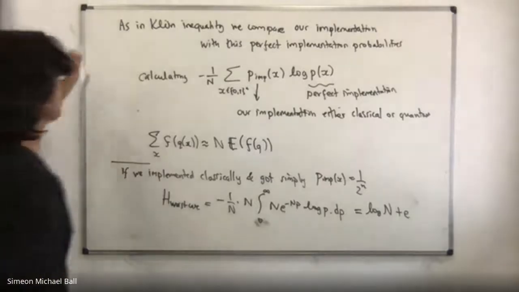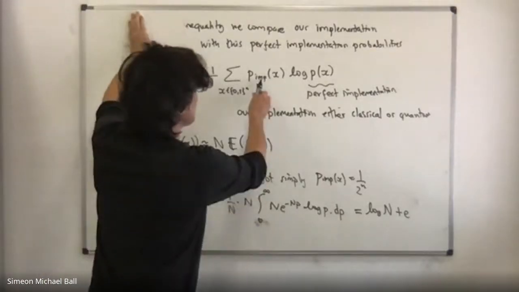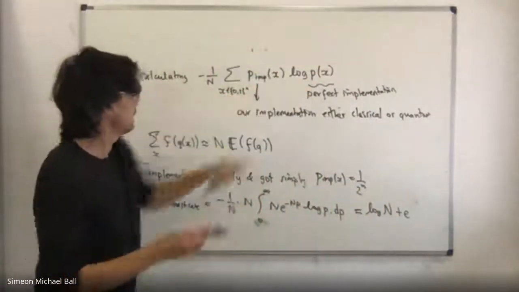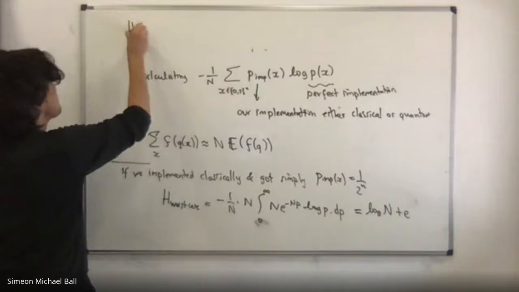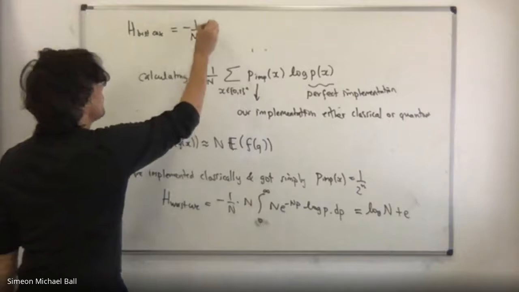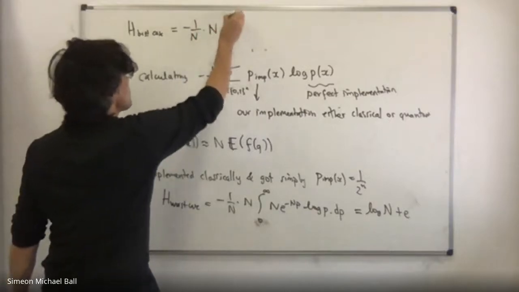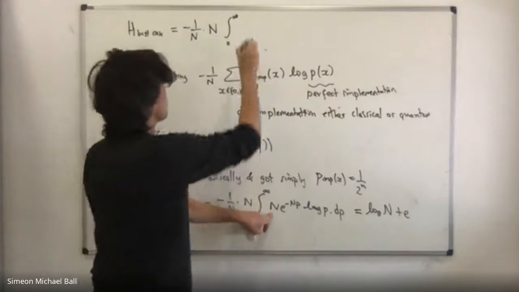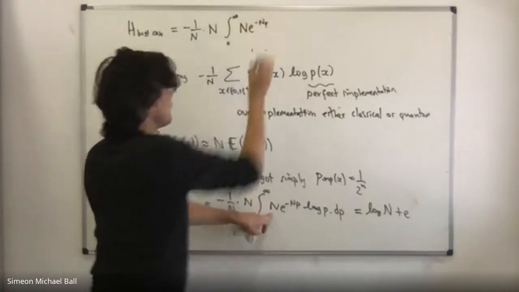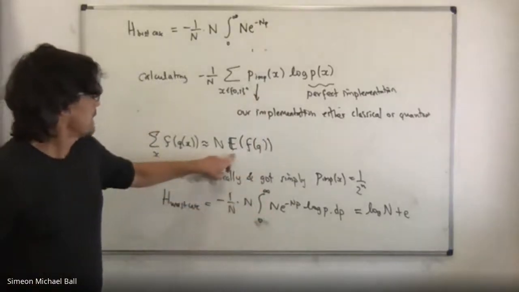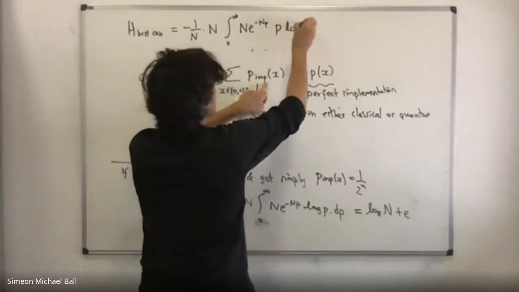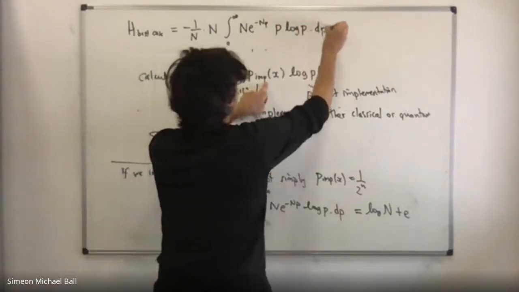And in a perfect implementation, we would have the sum of p log p. So in H best case, this would be minus 1 by n, the integral sum of the density function, and then the expectation of what we got here, which is p log p.